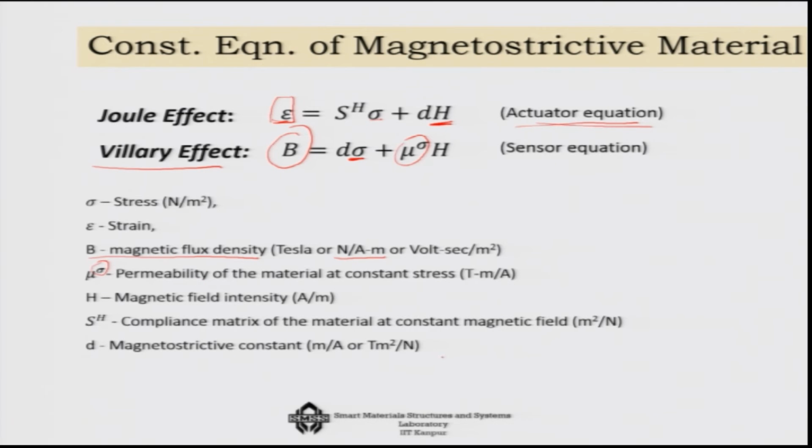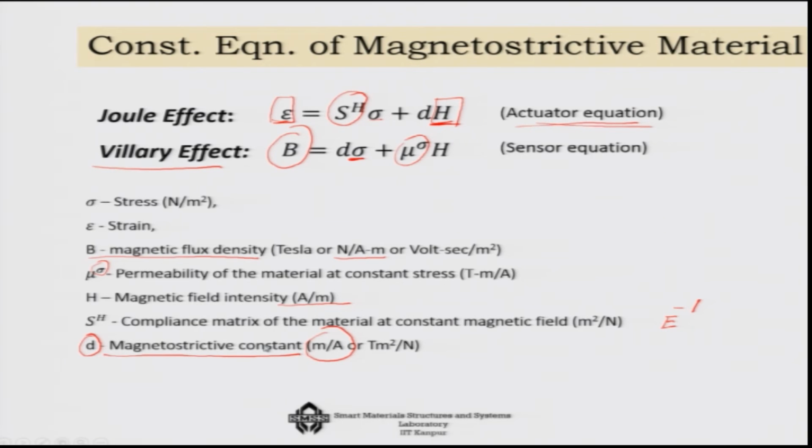H is the magnetic field intensity, measured in ampere per meter or Oersteds. S^H is the compliance, the inverse of the modulus of elasticity, and d is the magnetostrictive constant. Just like the piezoelectric constant, we have a magnetostrictive constant here, whose unit is meter per ampere.